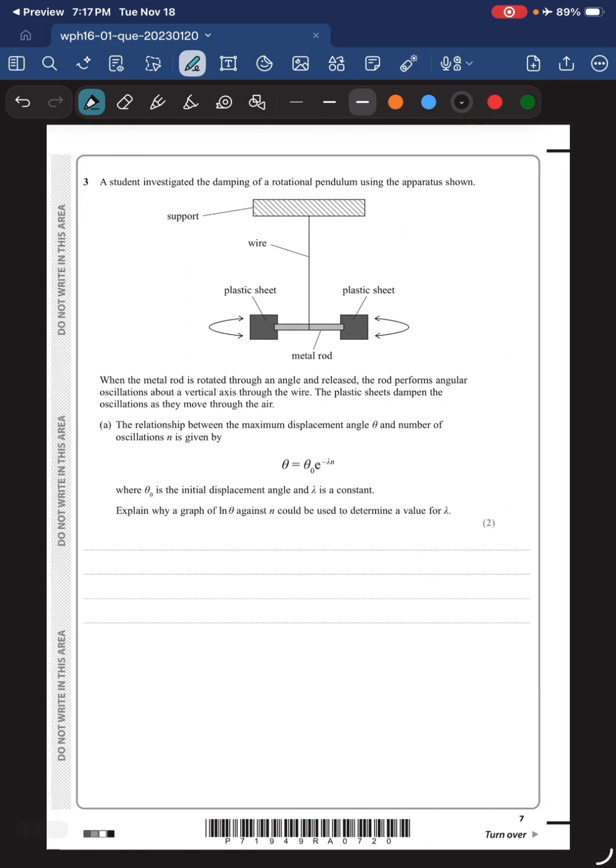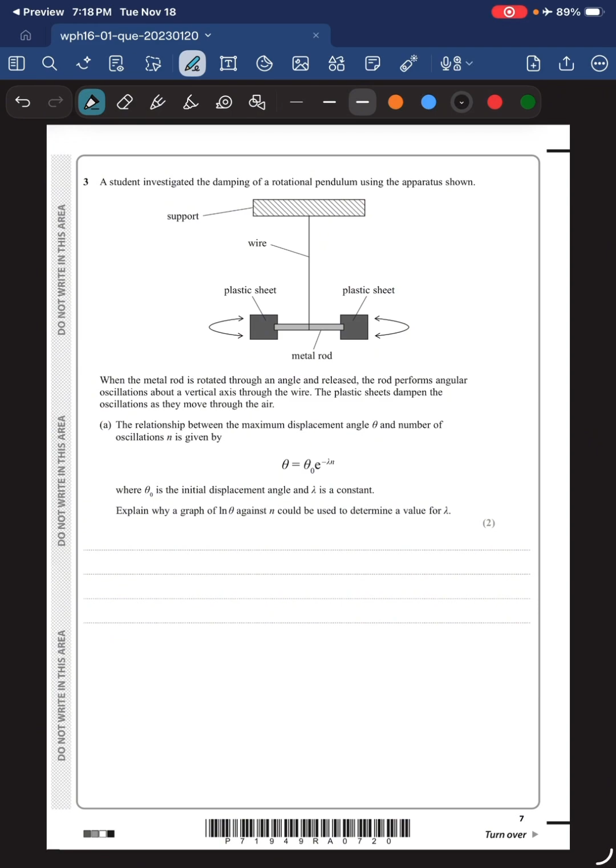All right. Let's go to question 3. A student investigated the damping of a rotational pendulum using the apparatus shown. I'm going to pause here and comment on the fact that in this Unit 6 paper, and in general in many of the Unit 6 papers, things will appear that you were not taught explicitly in Unit 4 or Unit 5 or Units 1 and 2, whatever.